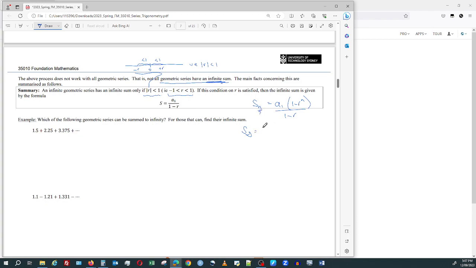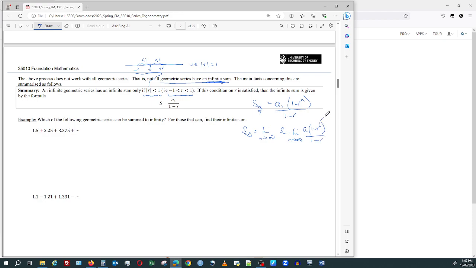So we have to do that invocation again as n approaches infinity for our sum, which is going to be the limit as n approaches infinity of a1 times 1 minus r to the n, over 1 minus r.